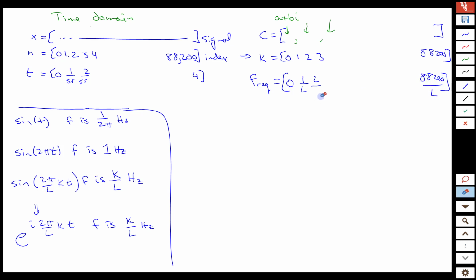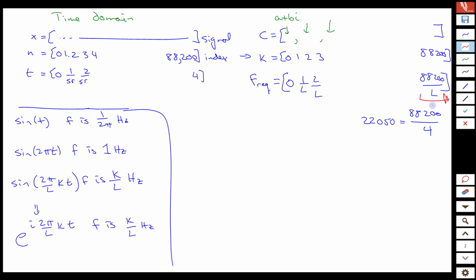Just tidy that up a bit. And there's a fun little realization at the end here. This number is, for our example, when L is 4, 88,200 divided by 4. Well, if you divide that out, you get 22,050. Well, that's exactly our sampling rate.